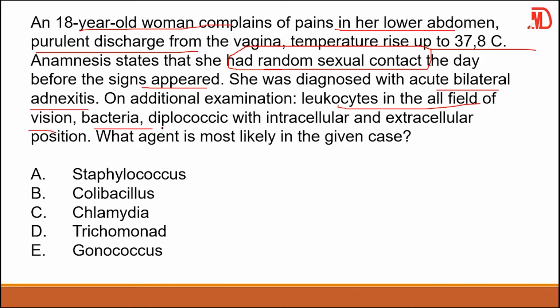Guys, they've given you an answer here: diplococci with intracellular and extracellular position. What agent is most likely in the given case? A diplococci bacteria. So what comes to your mind? Gonococcus. Gonorrhea. So the answer is E.